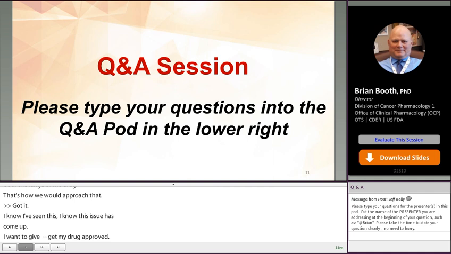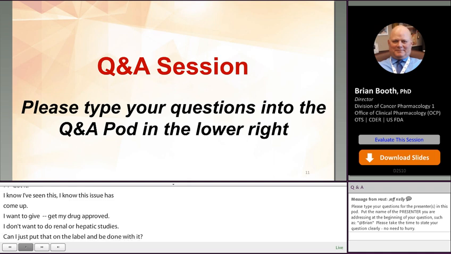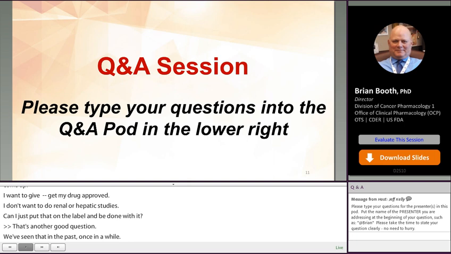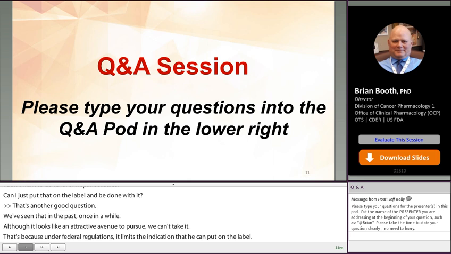That's another good question. We've seen that one in the past once in a while. And although it looks like an attractive avenue to pursue, we actually can't take it. And that's because the Code of Federal Regulations prohibits or limits the contraindication that you can put in the label. That contraindication has to be based upon an observed adverse event, and that adverse event has to outweigh any therapeutic benefit that you might get from the drug.